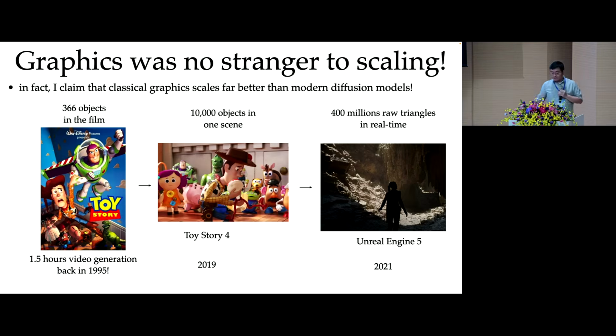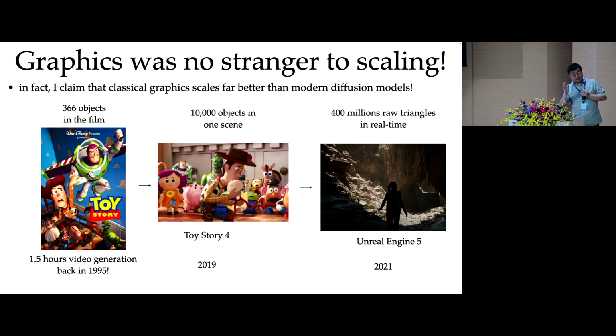And graphics was actually pretty good at leveraging computation, right? If you look at Toy Story from 1995, we were able to do video generation of 1.5 hours 30 years ago, right? And back in the day, they could only have 366 objects in the film entirely. And if you fast forward 20 years later, in Toy Story 4, they were able to put 10,000 objects in just one scene.